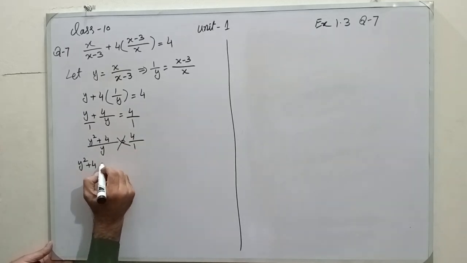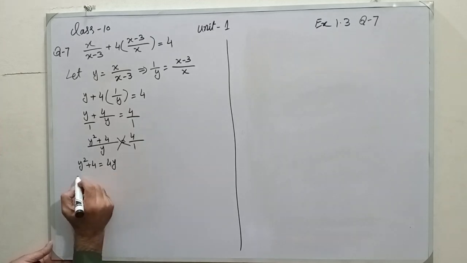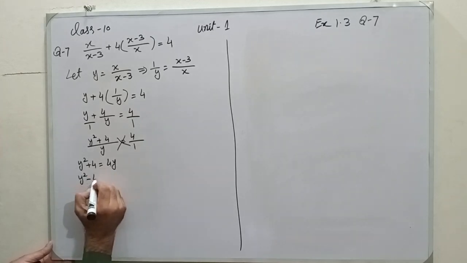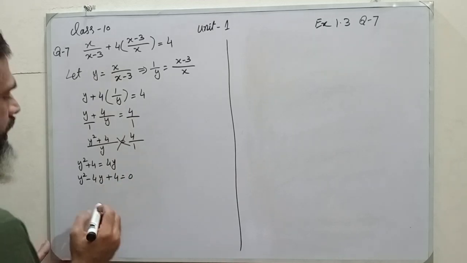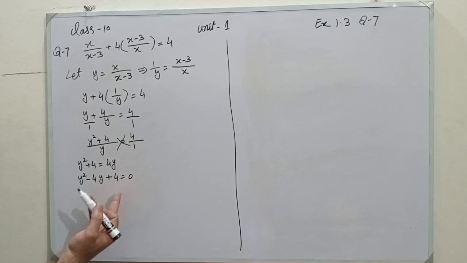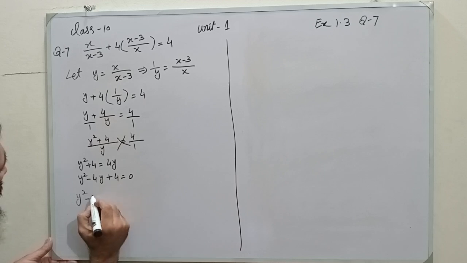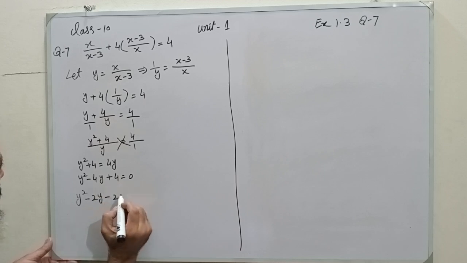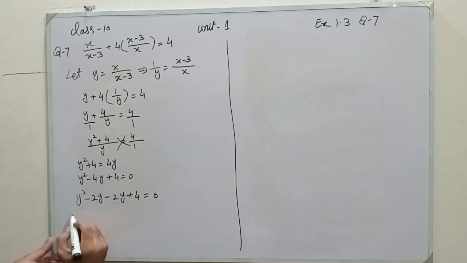y square plus 4 is equal to 4y. This y square minus 4y plus 4 is equal to 0. Now it is in the standard quadratic form. So we will use the factorization method: y square minus 2y minus 2y plus 4 is equal to 0.